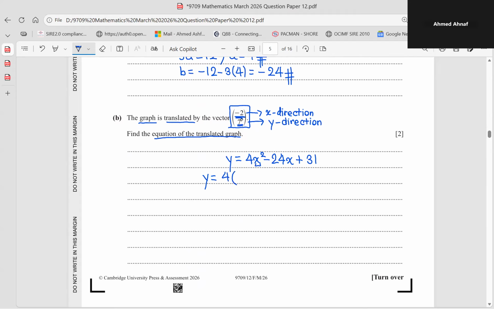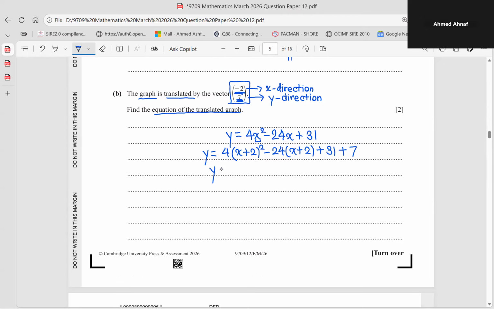So like I said, if it's showing negative 2 in the x column, you add 2 to every x term. So this is just going to be 4 times x plus 2 squared minus 24 times x plus 2 plus 31. And then for the y component, you just add 7 to the whole equation. So you add 7 right here.